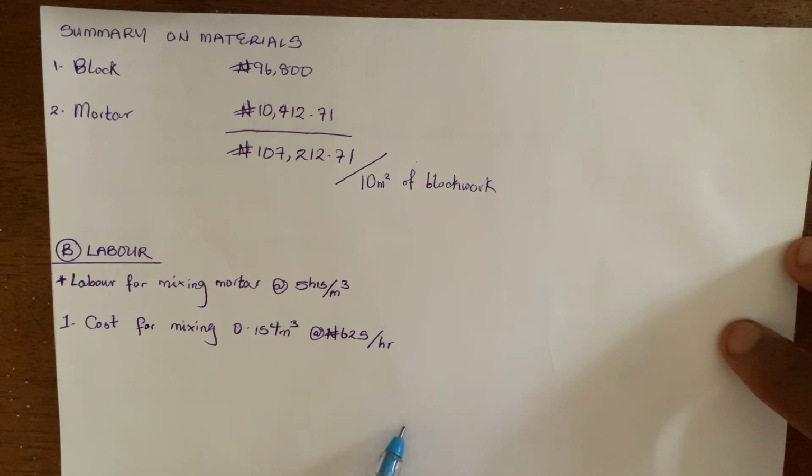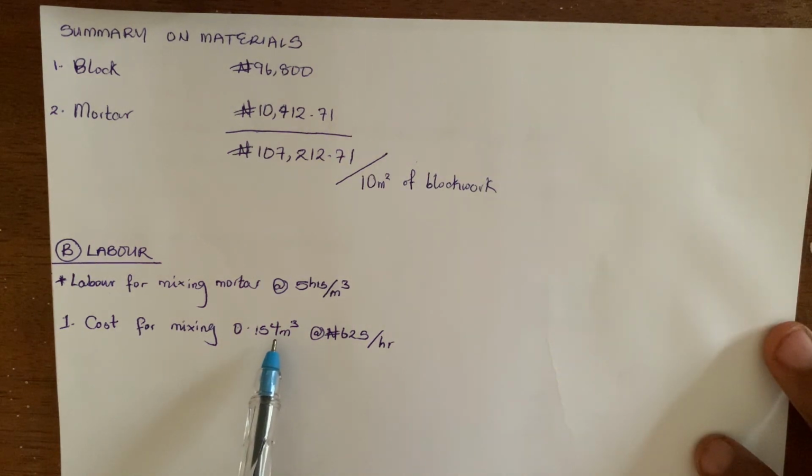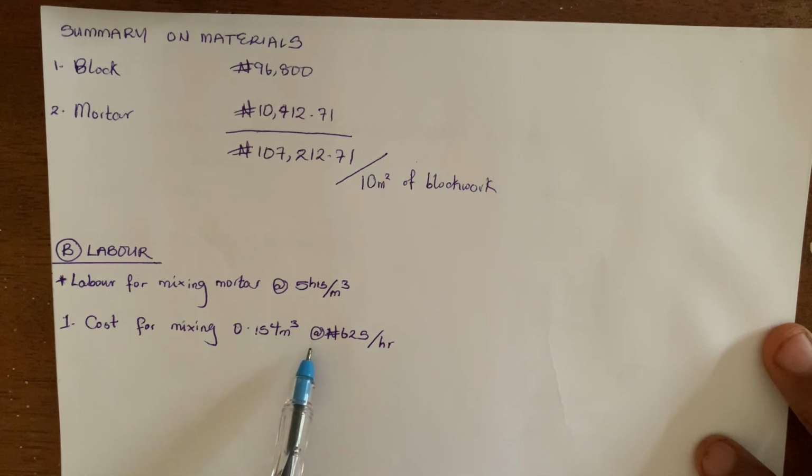It's going to require less than that. Like I said, from when I was building up, to lay 10 meters square of blockwork, we're going to be needing like 0.154 meter cube of mortar. So we need to know how much time it will take to mix 0.154 meter cube of mortar.